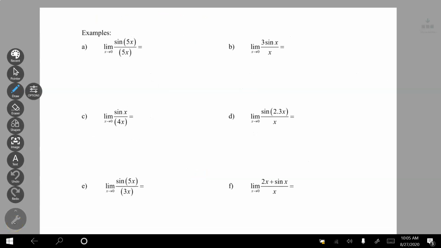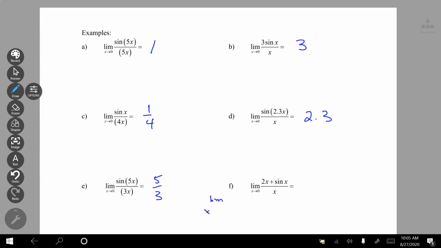Okay, the next page of this example, some of these are pretty basic. Well, sine of 5x over 5x is just 1. Sine of x over x is 1, so with the 3 in front is just 3. Sine of x over 4x, well, sine of x over x is the 1, so this is 1/4. This makes this 2/3. This is 5/3. And this one I think I have to split up.